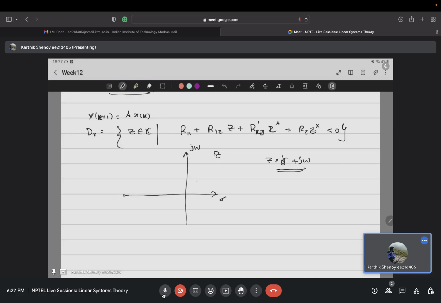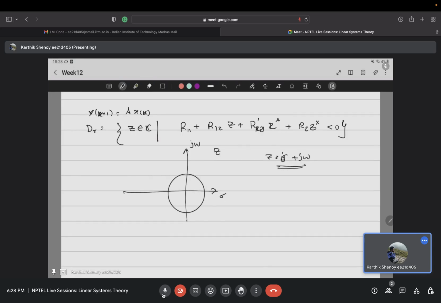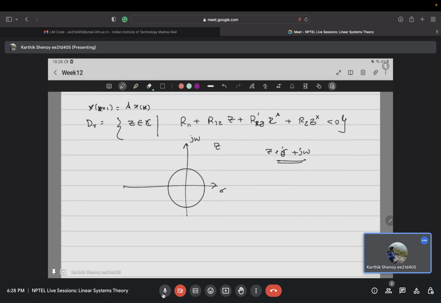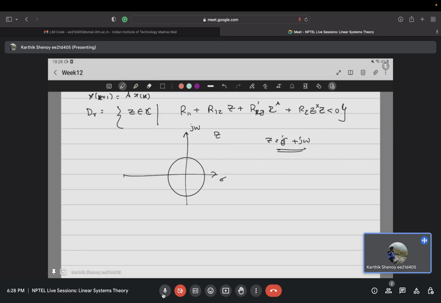So, I can define a region like, for example, let us take the unit circle. So, for the unit circle I can write R11 is equal to minus 1, R22 is equal to 1 and R12 is equal to 0.